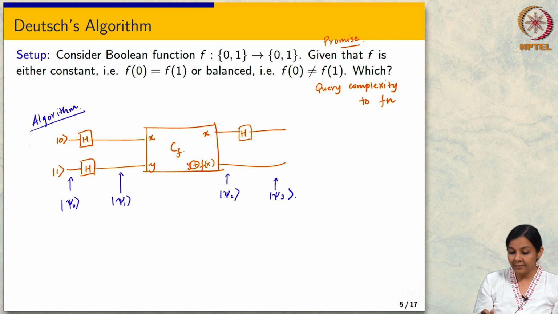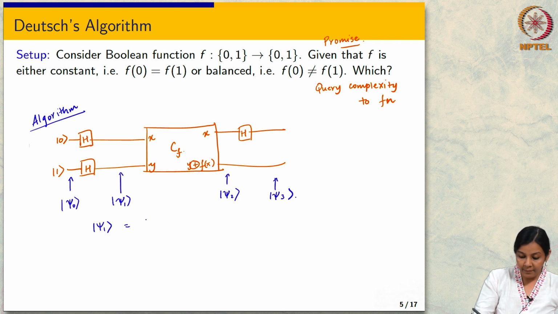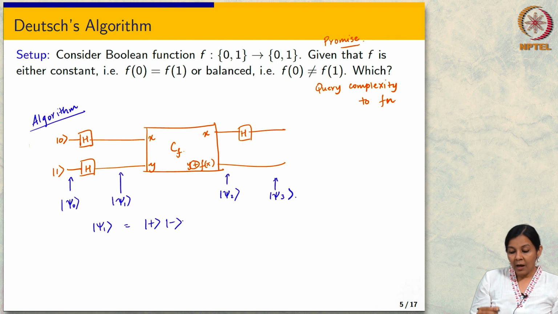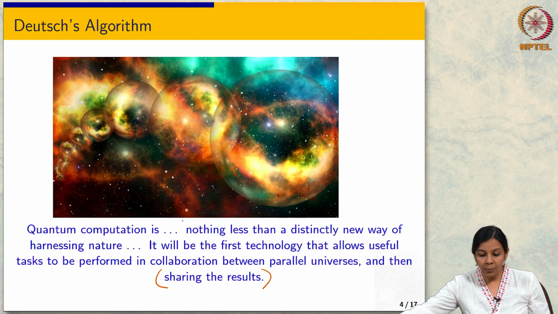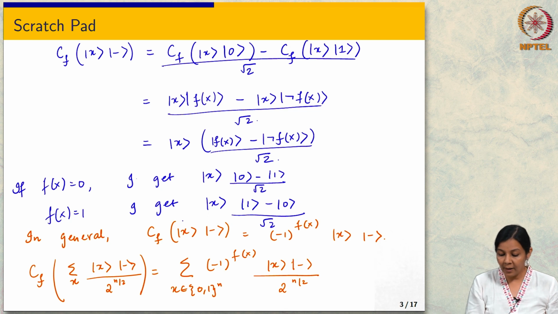Now let us analyze what is happening over here. So psi 0 is just 0 comma 1. What is psi 1? Well, it is plus comma minus, right. Now remember what we saw with phase kickback, right. So this was our phase kickback. If I apply CF to x comma minus, then I get the phase kickback, f of x.